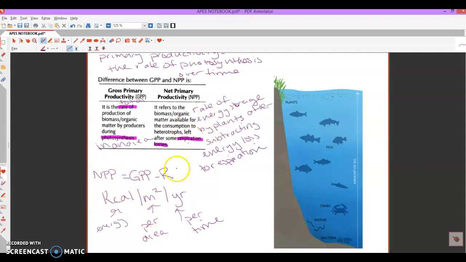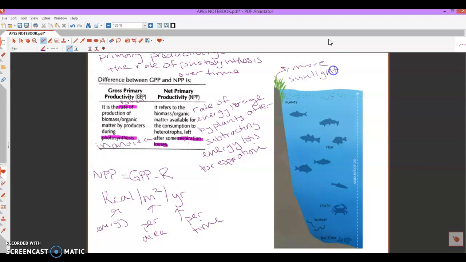Now, what's important for you guys to understand is this also happens in aquatic ecosystems. You know that there are plants that live underwater, so you have the ability to calculate net primary productivity underwater too, because we have aquatic plants, so we know photosynthesis is going to happen. Now, when we look at plants, most plants are going to be near the surface, obviously, because there is going to be more sunlight.